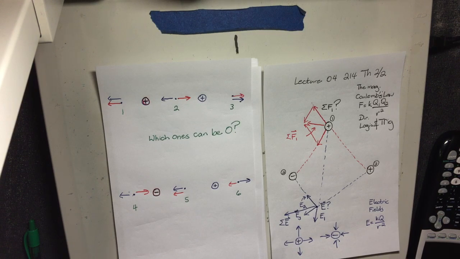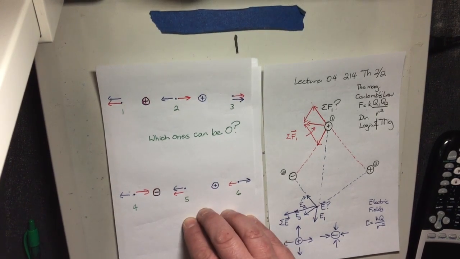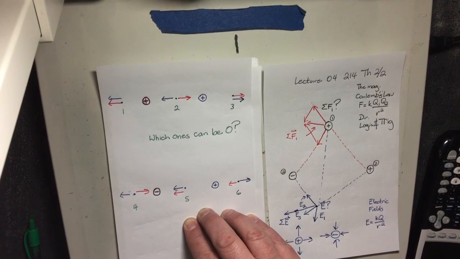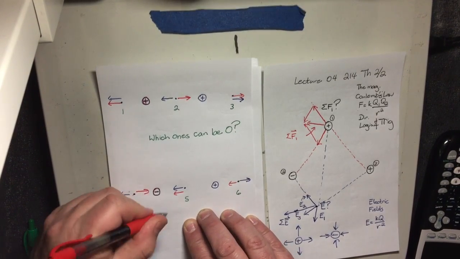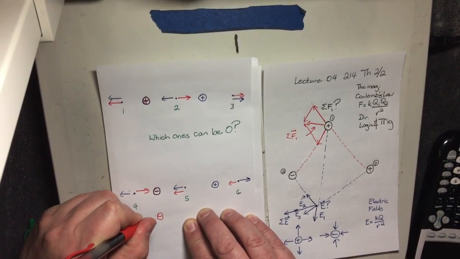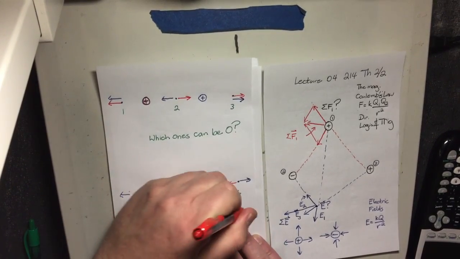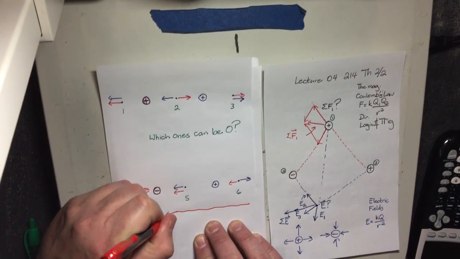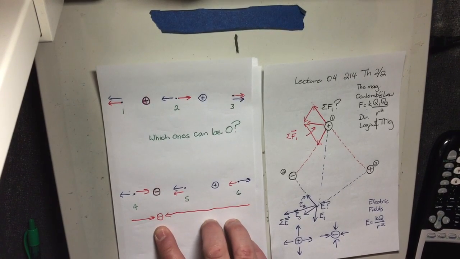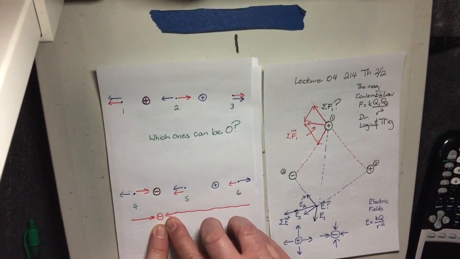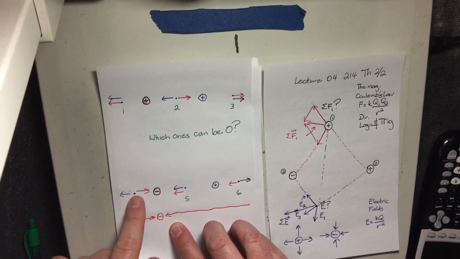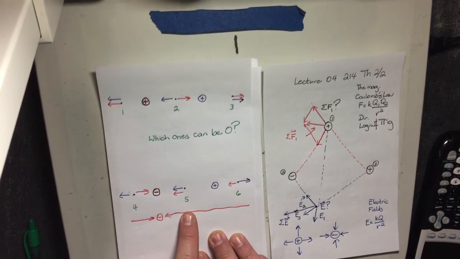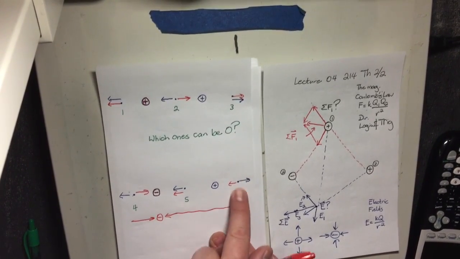So, when you have that negative symbol, its electric field lines are going towards it. So at that point, in. At that point, in.